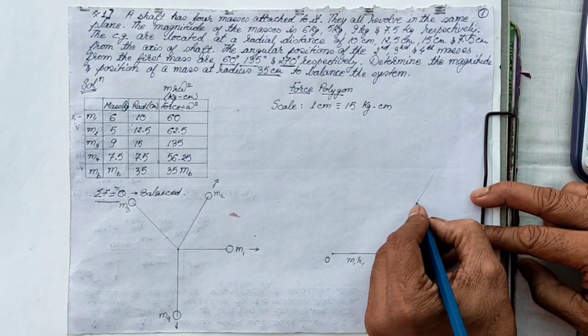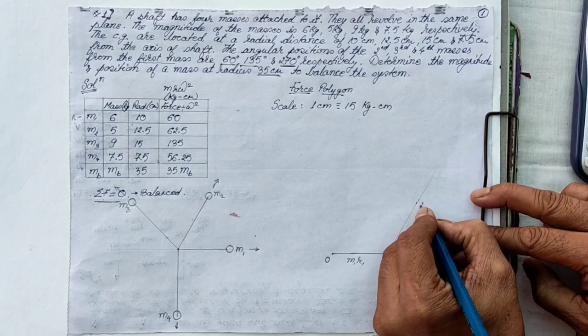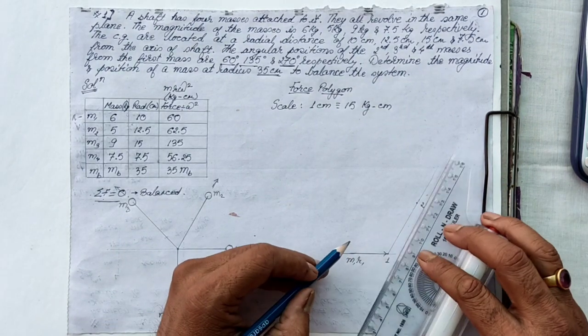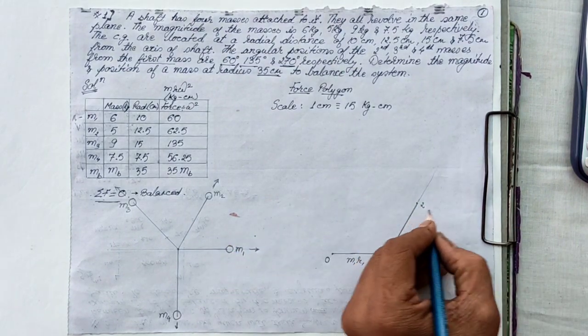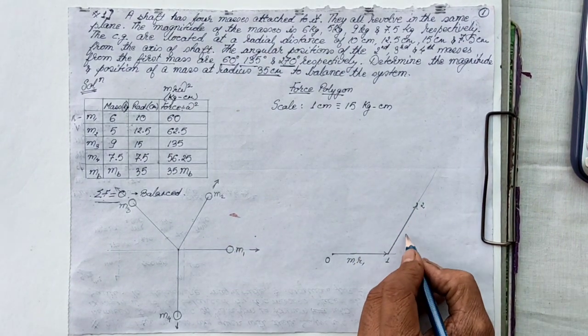So I get this point as the pole 2. This is the second vector, M2R2.